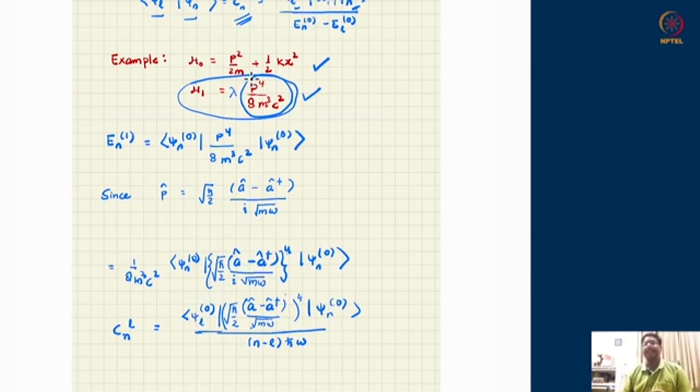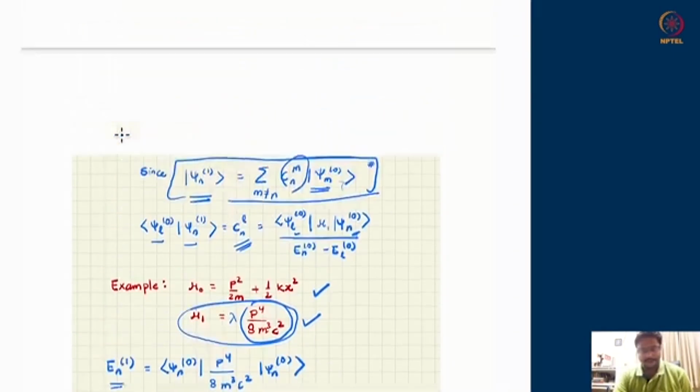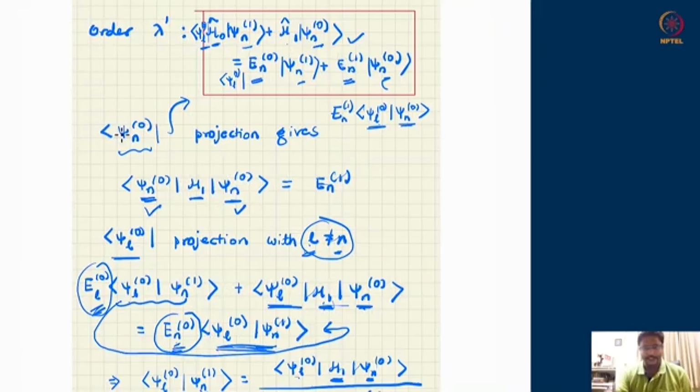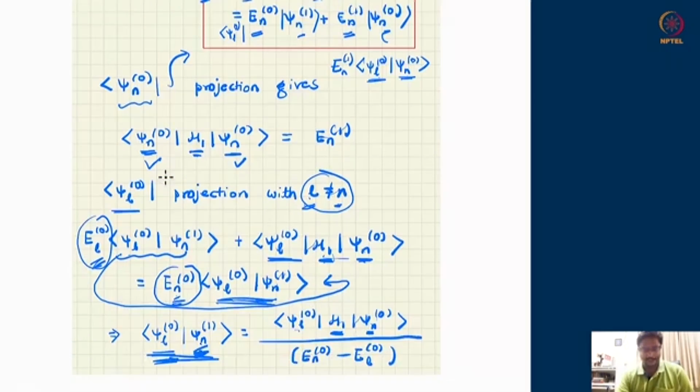Okay, so in that case, as we have discussed, the first order correction En1 is the expectation of the perturbation Hamiltonian with respect to unperturbed eigenstates.